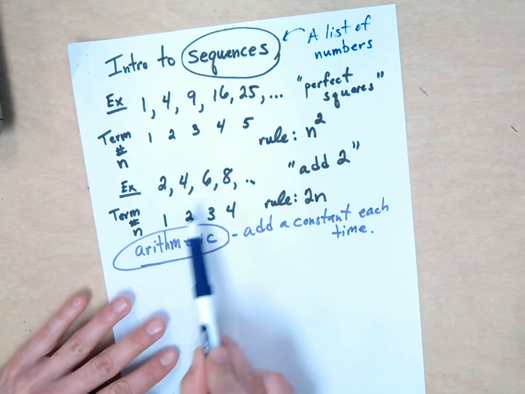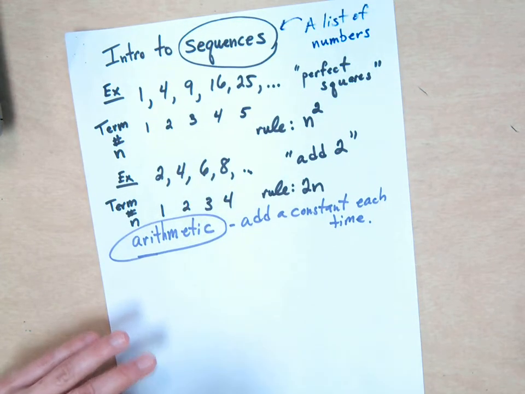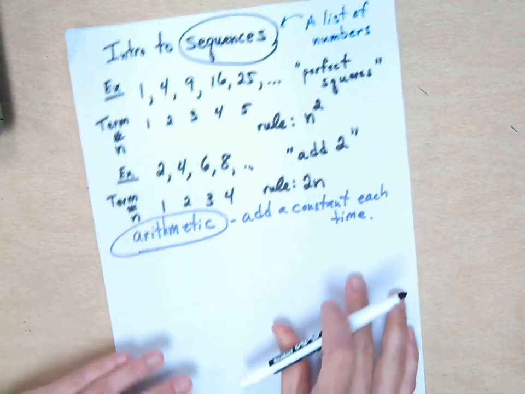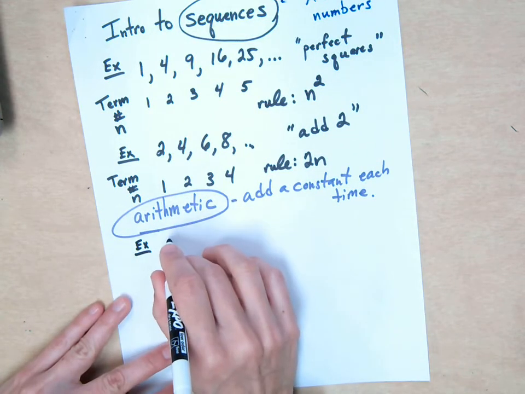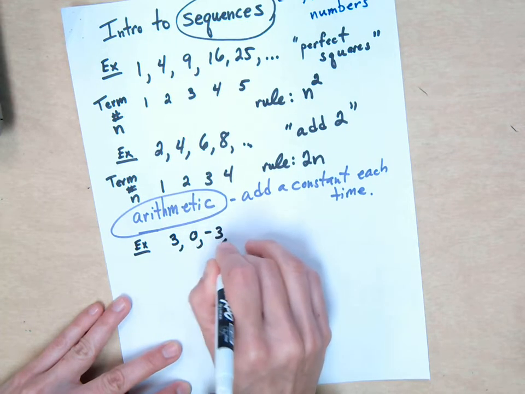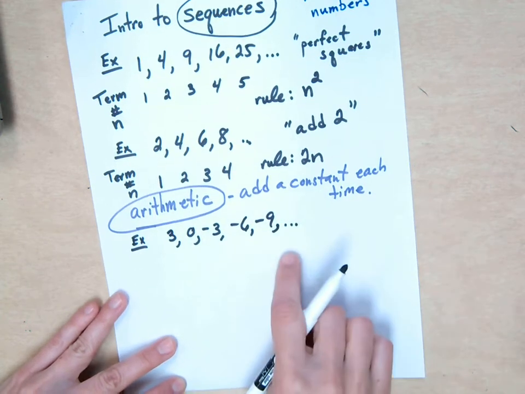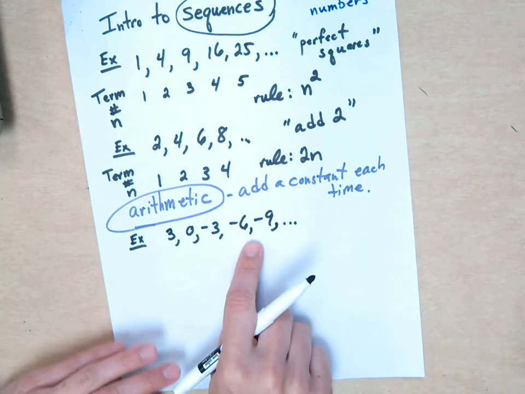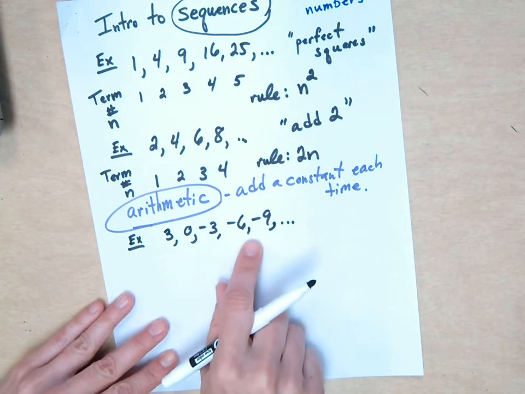So this example was an arithmetic sequence. Let me give you another example of an arithmetic sequence. Let's say I have 3, 0, negative 3, negative 6, negative 9, and so on. What are we actually adding each time to go from this term to that term?